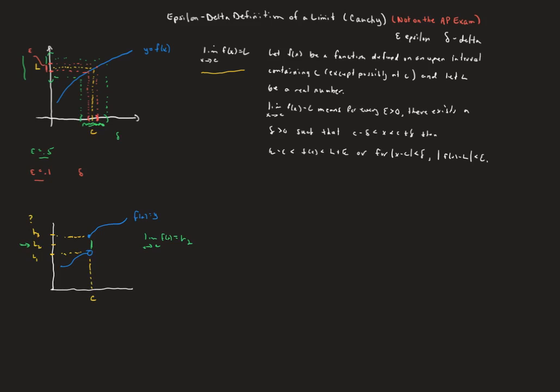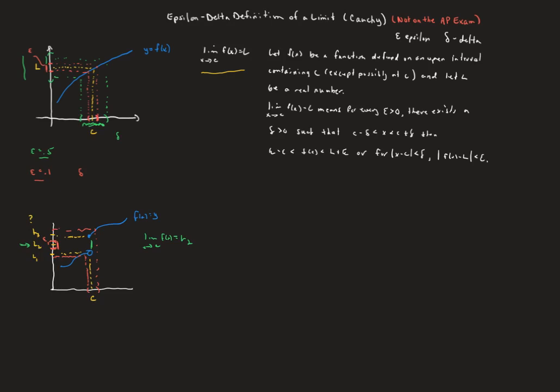Well, you can see that if we pick an epsilon that is too small, that is, we take a really small epsilon here, so if we make this our distance epsilon, we're in trouble because we cannot pick an interval small enough here that we aren't going to include these values and also these values way up here, which are going to be outside of that. They're not going to be within epsilon of our choice of the limit.